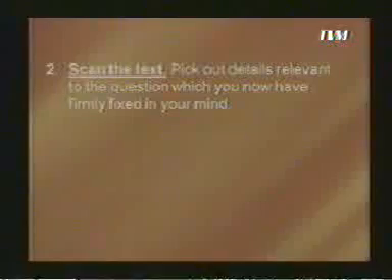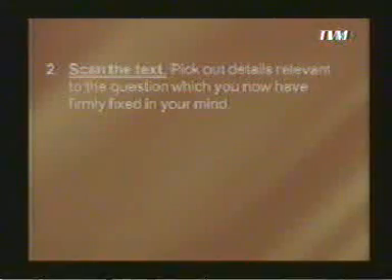Once you have skimmed through the text, you look at the questions, you thoroughly bring the questions into your mind, fix them, and then you scan again. This time to pick out details relevant to the questions which you now have firmly fixed in your mind.